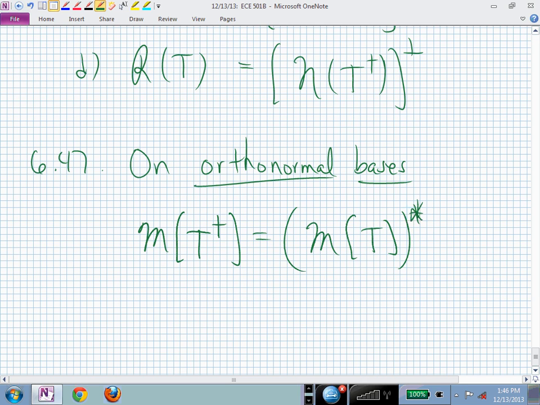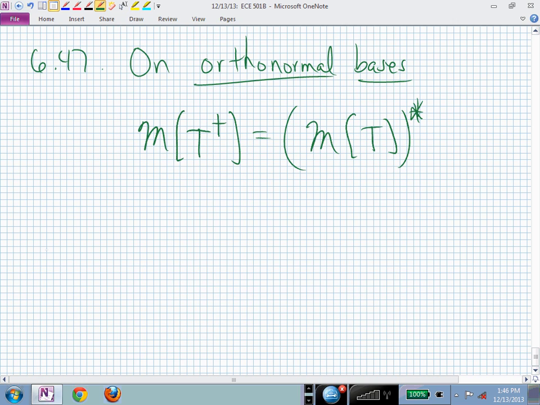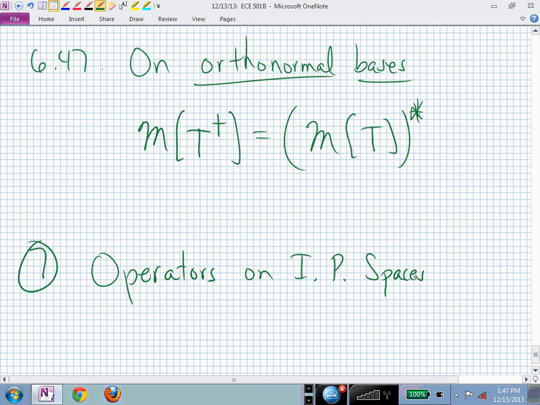Then chapter 7 said, let's put some operators on top of those kinds of spaces, spaces that now contain inner products. So now we've advanced beyond chapter 5 because we have a different playing field, so to speak. It's this inner product space. Chapter 7 was talking about operators on inner product spaces.